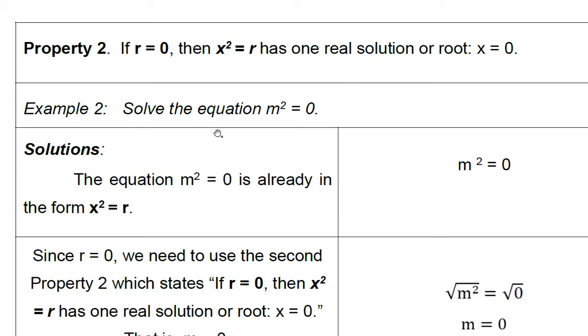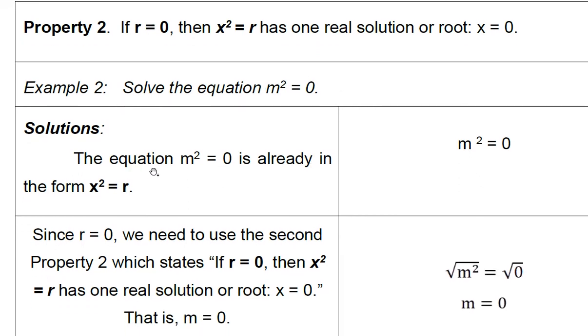So solve the equation m squared equals 0. This is the problem. In here, the equation m squared equals 0 is already in the form of x squared equals r, with r a real number.